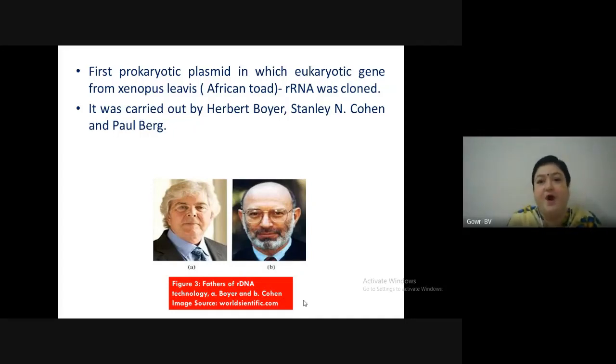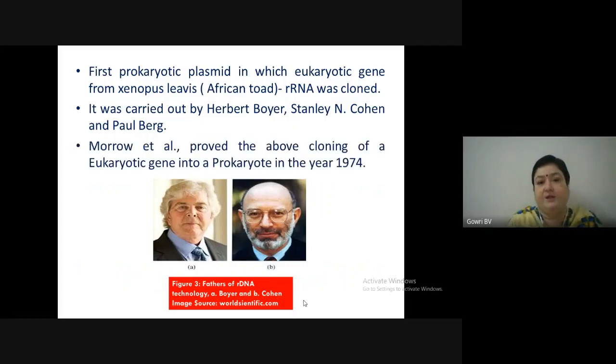Herbert Boyer and Stanley Norman Cohen played a significant role in recombinant DNA technology by initiating cloning for the first time. So they are designated fathers of recombinant DNA technology. And of course, the experimental proof was brought out by Morrow et al., who proved the above cloning of a eukaryotic gene in the year 1974.